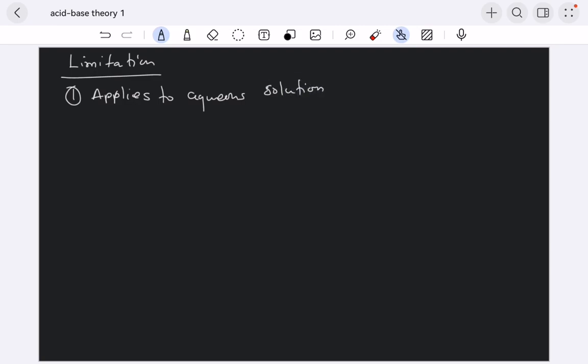So for you to know an acid, it means that the substance that you're dealing with is supposed to dissolve and produce an aqueous solution. That's the only time you can detect whether you have hydrogen ions or hydroxide ions. So if that particular substance cannot dissolve and form a solution, then Arrhenius theory is limited.